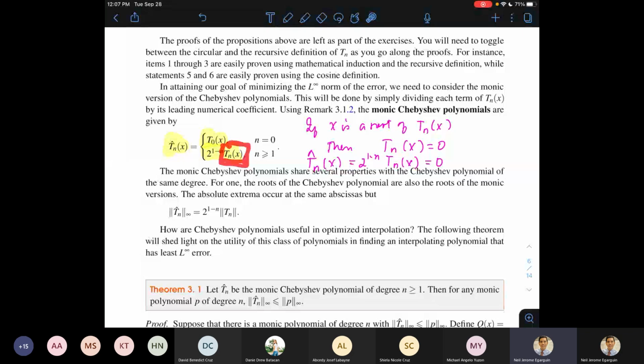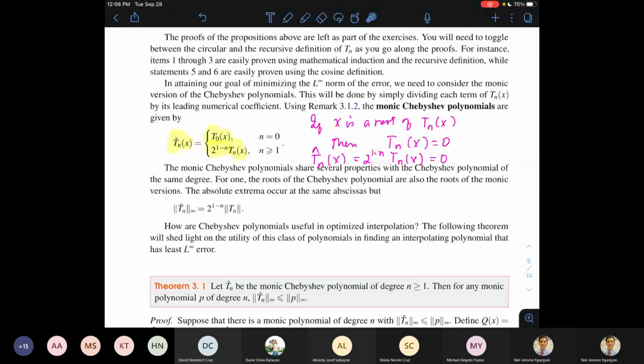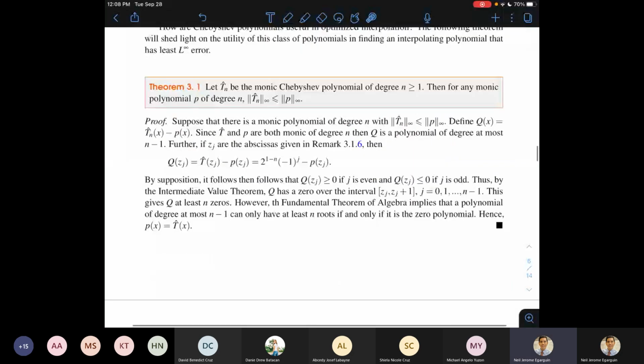Before we go to the proof of the main theorem for today. Okay, no questions? Now, what is this fuss about Chebyshev polynomials? Bakit kailangan natin silang pag-aralan? Well, if we go to Theorem 3.1, we see that the monic Chebyshev polynomial attains the minimal L infinity norm. Yun yung sinasabi ng Theorem 3.1.